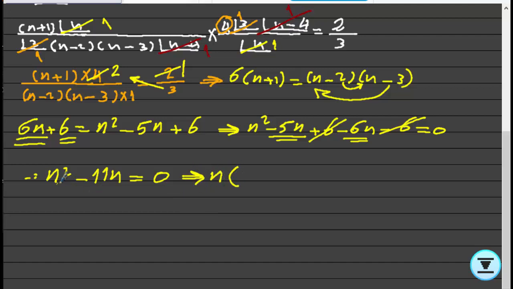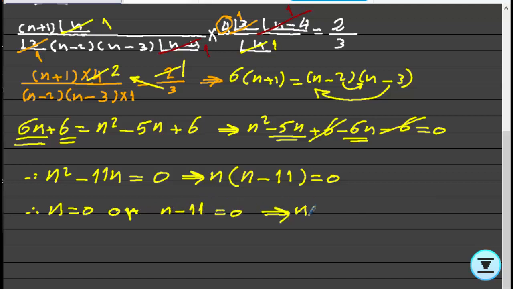We get n squared divided by n is n, minus 11n divided by n is minus 11, all equal 0. So n equals 0 or n minus 11 equals 0, which implies n equals 11. And this is the final answer.